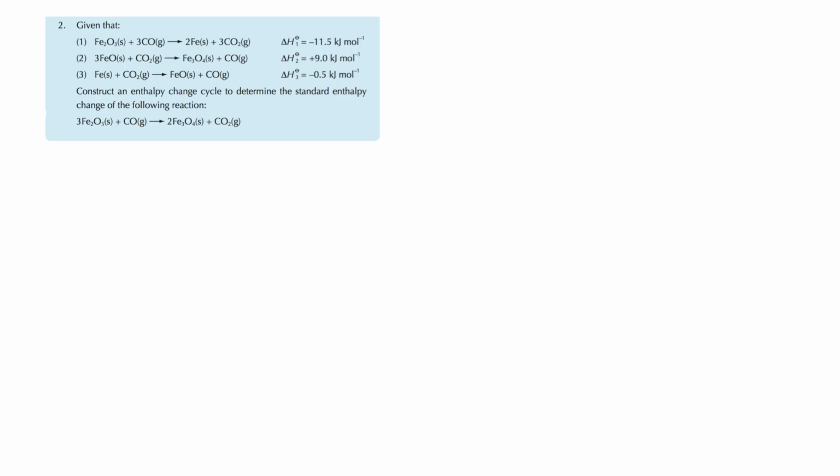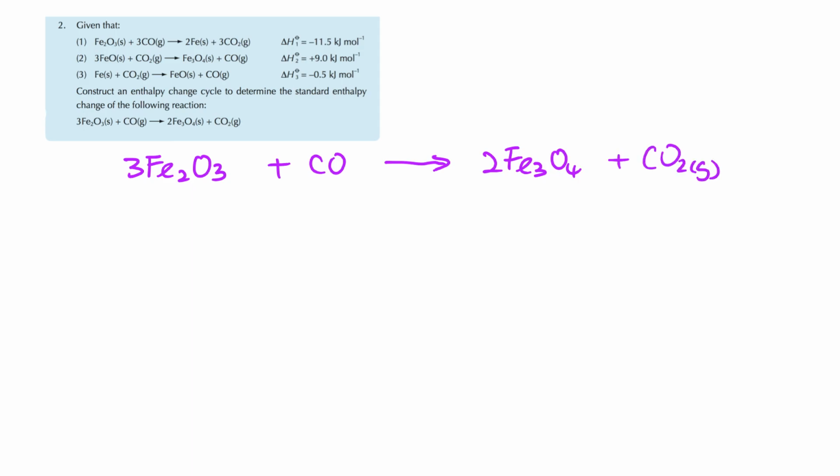So first of all, we write the equations at the top. And then you have 2Fe3O4, and then CO2. After that, we're going to use the equations. For example, the first one, we're going to use Fe2O3 plus 3CO.